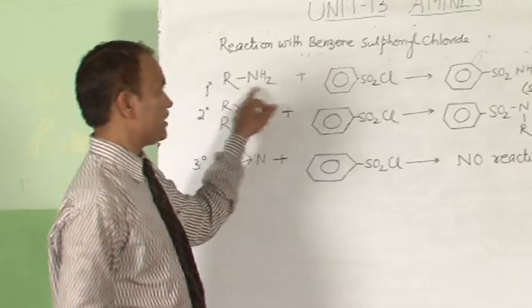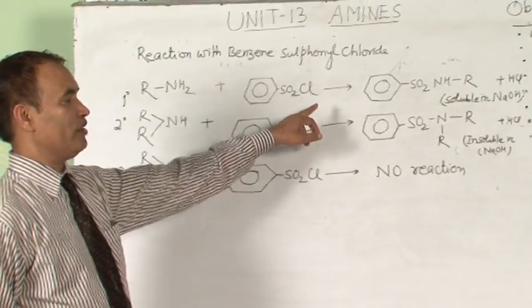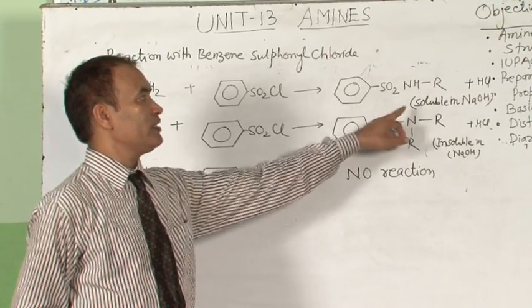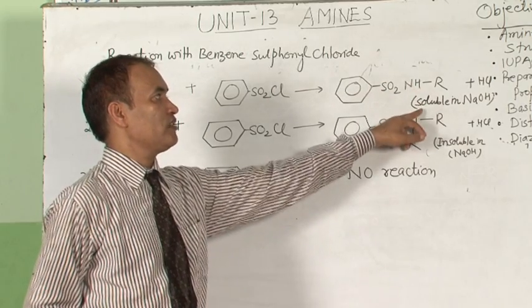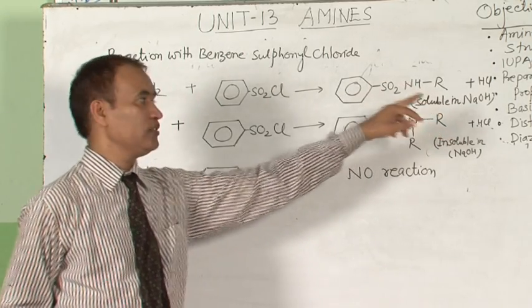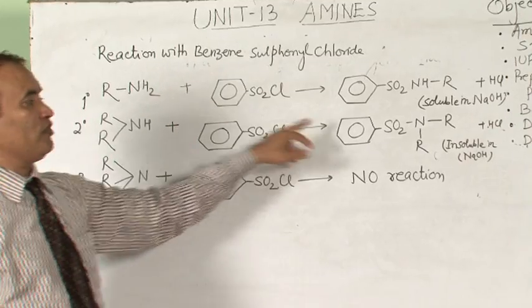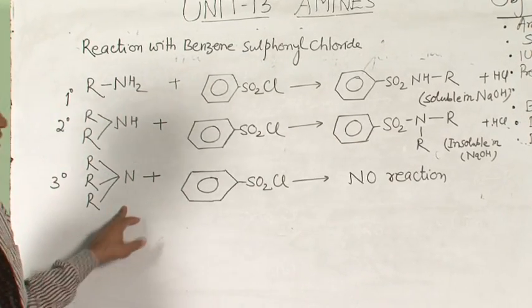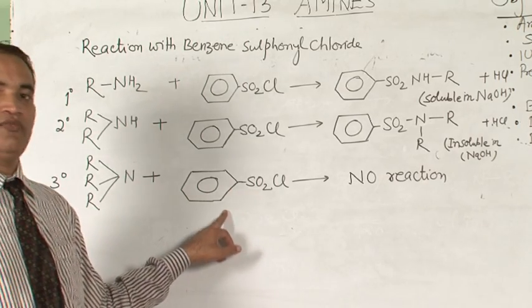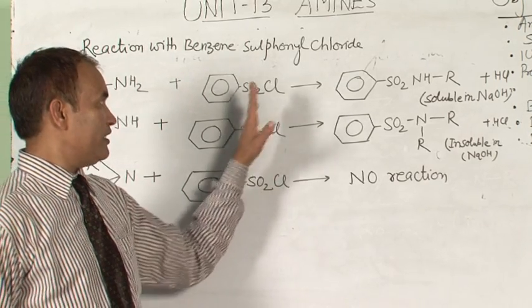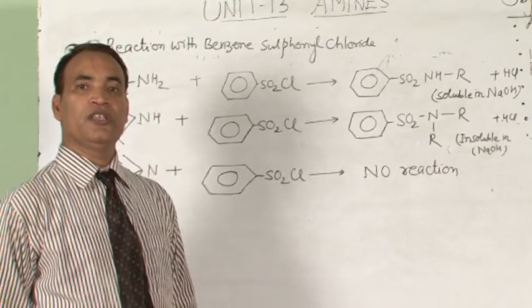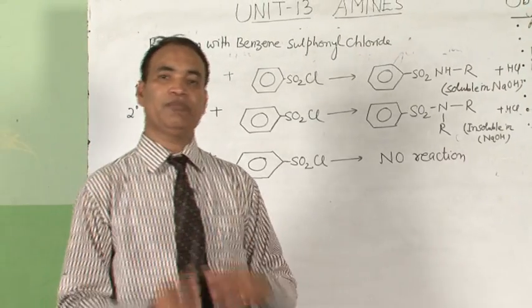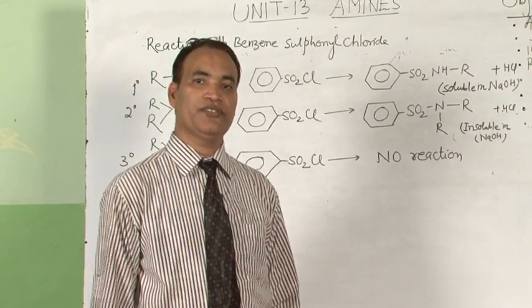The primary amine reacts with benzene sulfonyl chloride to give the sulfonamide, which is N-alkyl sulfonamide, that is soluble in sodium hydroxide. Secondary amine also gives sulfonamide, but it is insoluble in sodium hydroxide. And tertiary amine does not react with benzene sulfonyl chloride. So this reaction can be used to distinguish or separate a mixture of primary, secondary and tertiary amines.